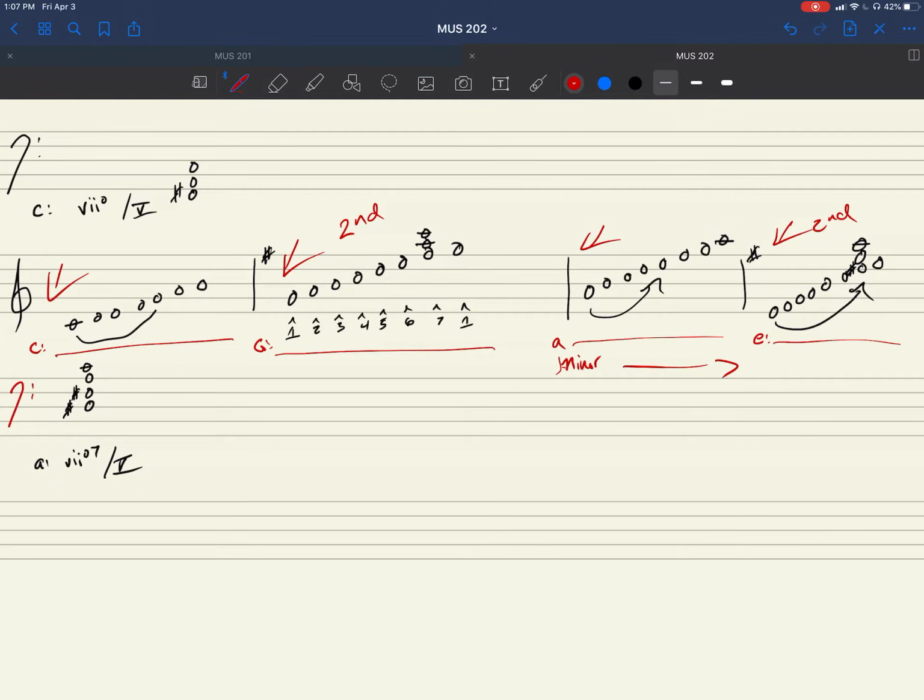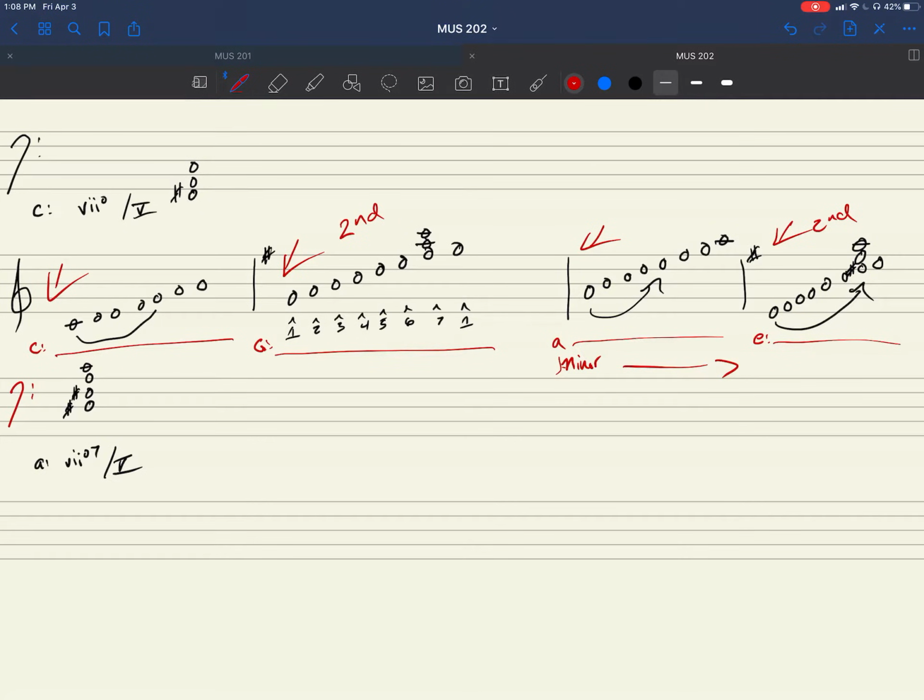And most classical music pieces are going to come back, they pretty much always come back, to the primary key area, or if it appears that it doesn't come back to the primary key area, chances are it actually does. What's happening is you're just in a mode of the primary key area. But all classical pieces start and end in the same key. That's kind of a defining characteristic of the classical period.